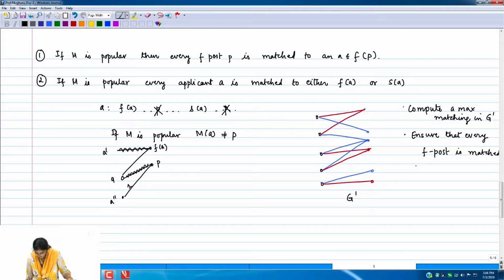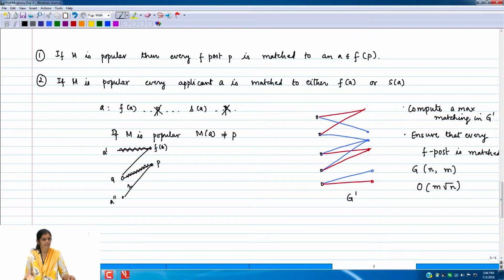If you have a graph G with n vertices and m edges, then a maximum matching can be computed in m square root of n time by a very well known algorithm called Hopcroft-Karp. We will not go into that. So a maximum matching can be computed in this time. So what is the size of our instance? We have n vertices. How many edges do we have?